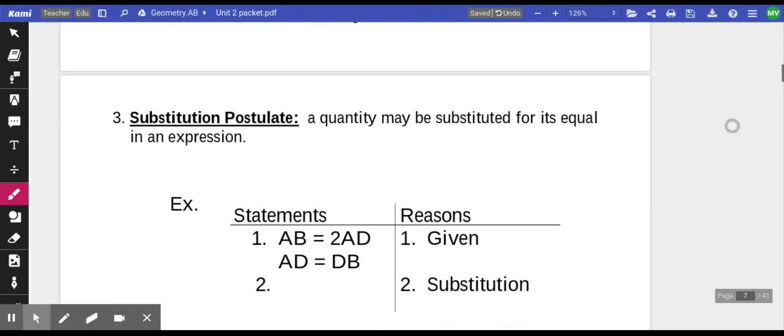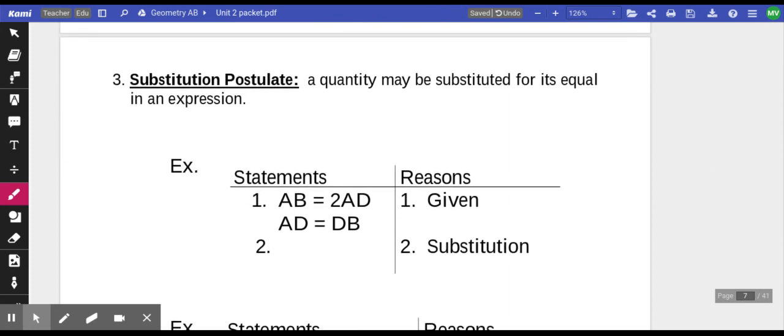Our third property is very, very similar. It's the substitution postulate. So a quantity may be substituted for its equivalent in expression. You use the substitution postulate all the time when you're doing algebra. When you solve one equation and find x equals 2, and then you substitute that into another equation. We can use that idea when we're talking about the lengths of segments or the measure of angles as well.